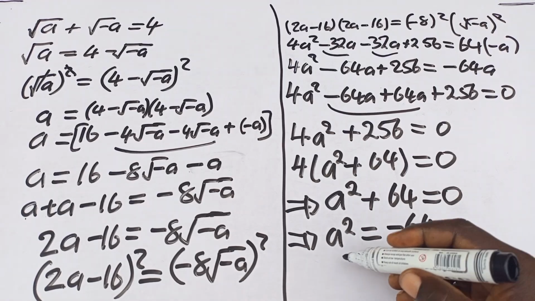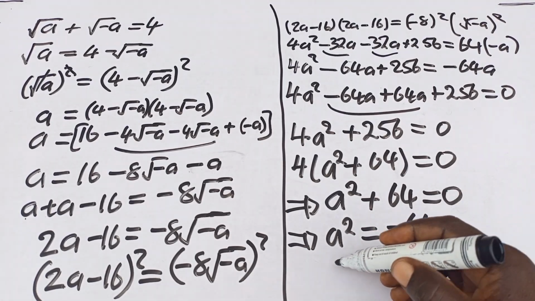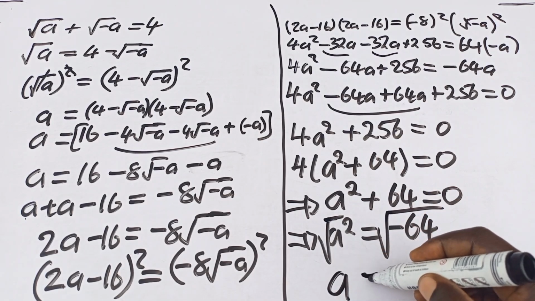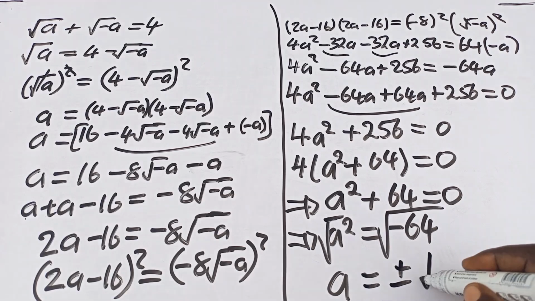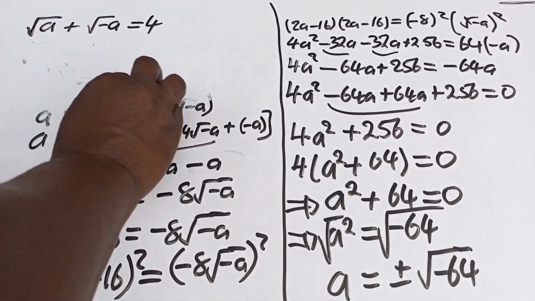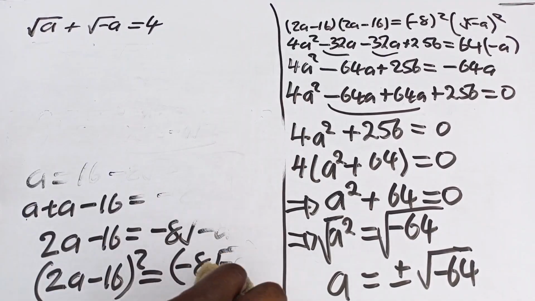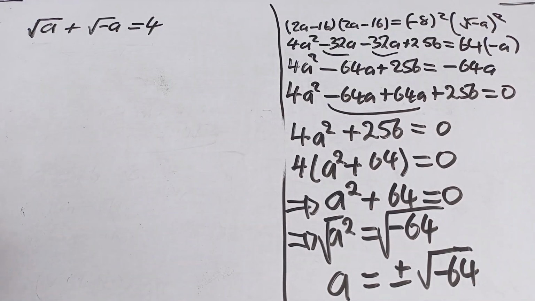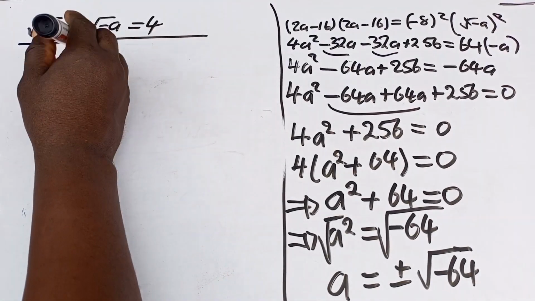And so to get the value of a, we simply take the square root of both sides. If we take the square roots, a is going to give us plus minus the root of negative 64. Now, what is the root of negative 64?